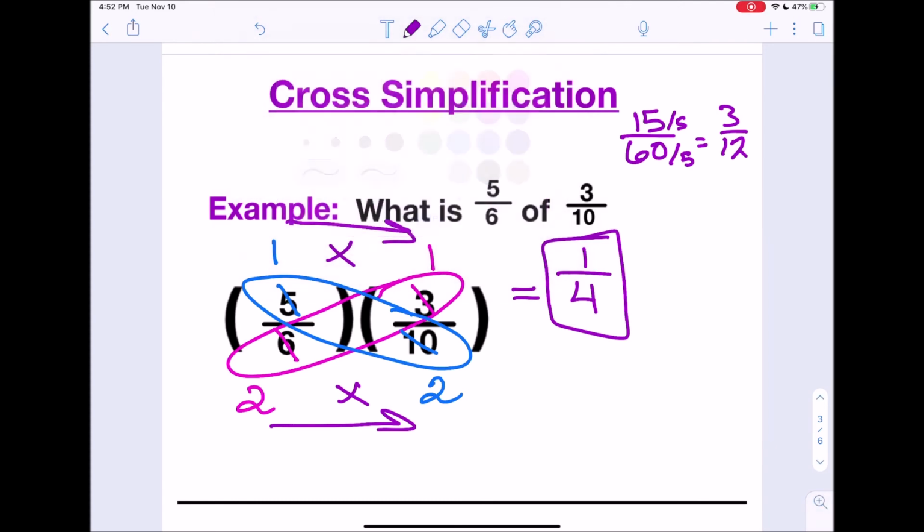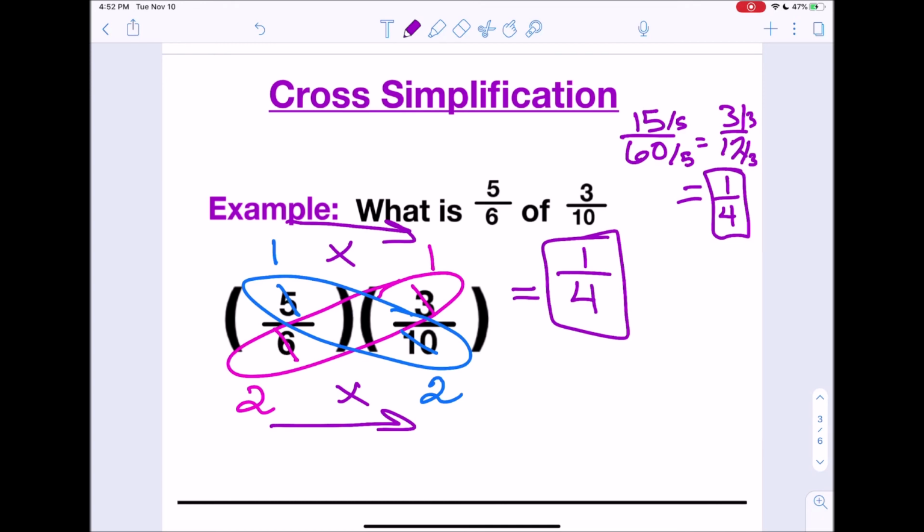And I know that 3 goes into 3 once, and 3 goes into 12 4 times, and we end up with 1/4. So you could still do it the other way, but as you can see, it saves you time in simplifying if you do cross simplification up front first. Also, it can save time with multiplying if you can get those numbers smaller to start with.